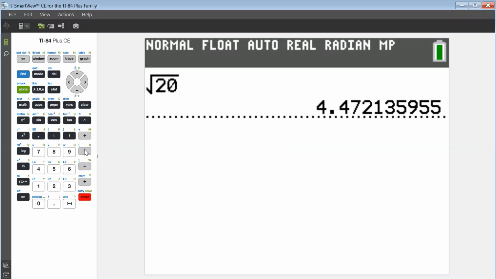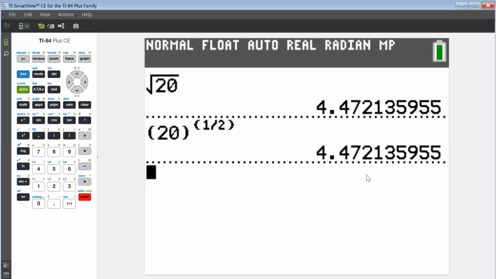That's the radical form. Or if you want to use the rational form, you would hit the open parentheses, 20, close it, raise it to 1 divided by 2, close it, hit enter. You should see the same result.